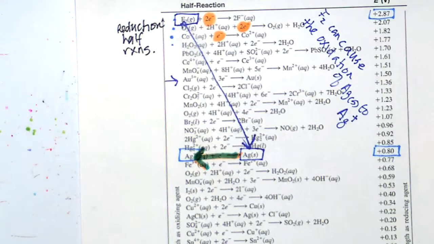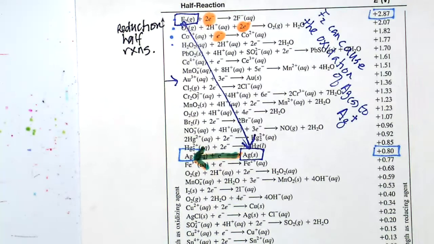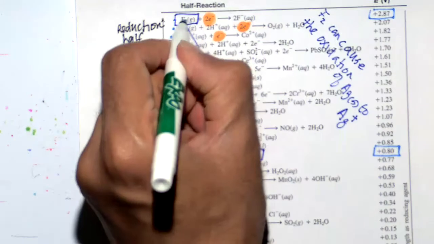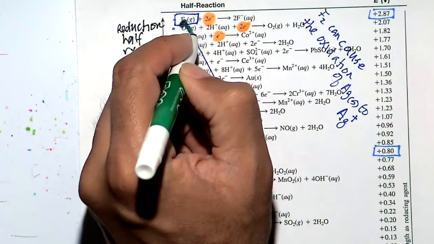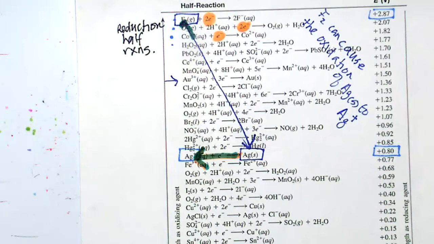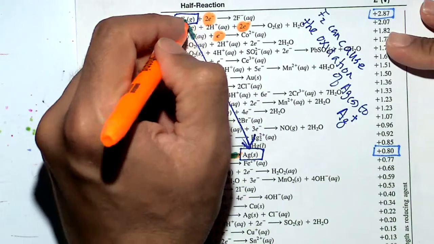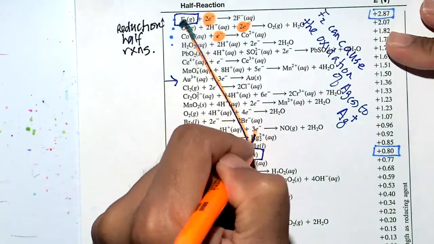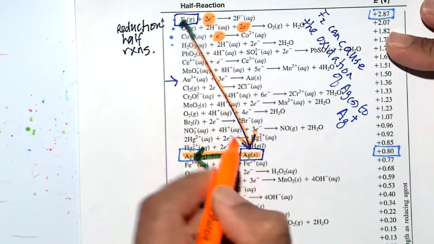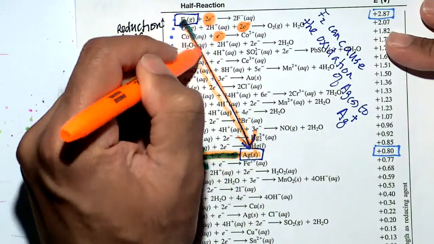You'll get a positive voltage. So this is kind of what we call the diagonal rule. Anything below it can get flipped by anything above it.